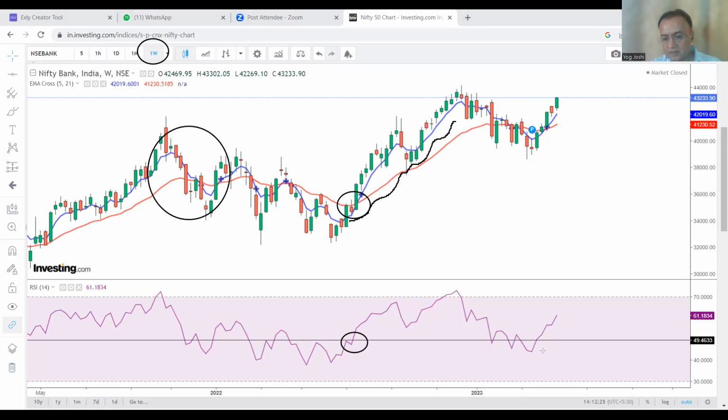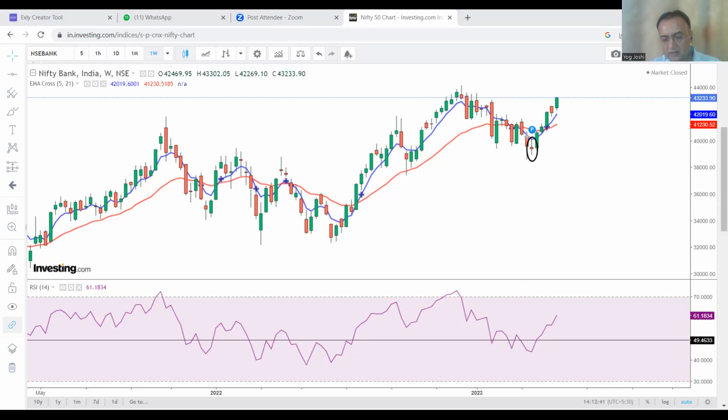Currently, once again, RSI is above the 50 line, and we also received a clear-cut bullish crossover. The price is going in an upward direction. At the bottom, if you observe, this is a clear-cut doji candle.